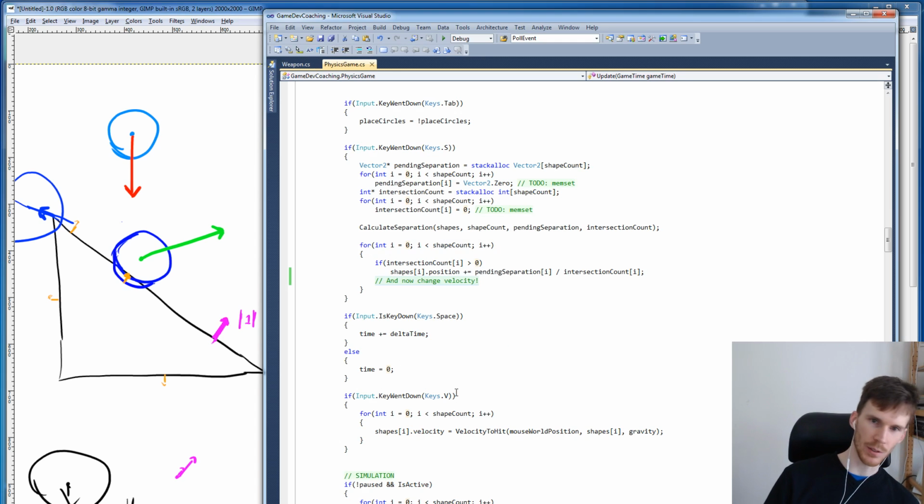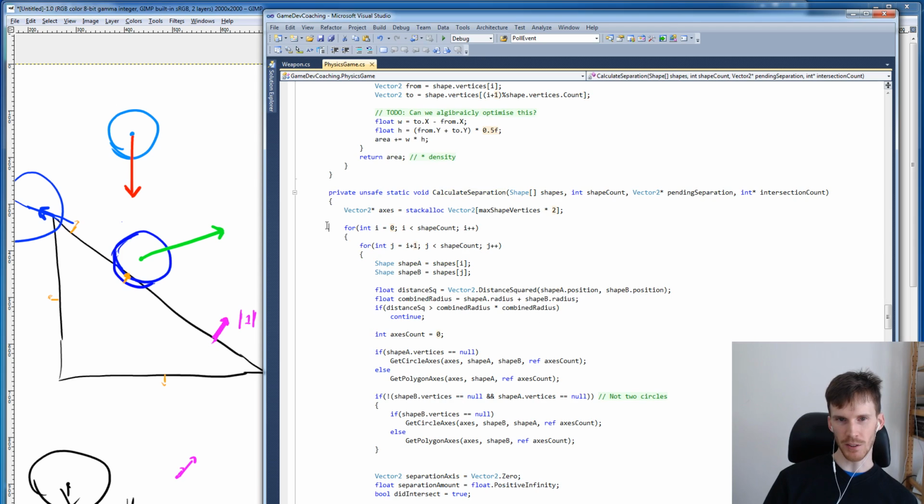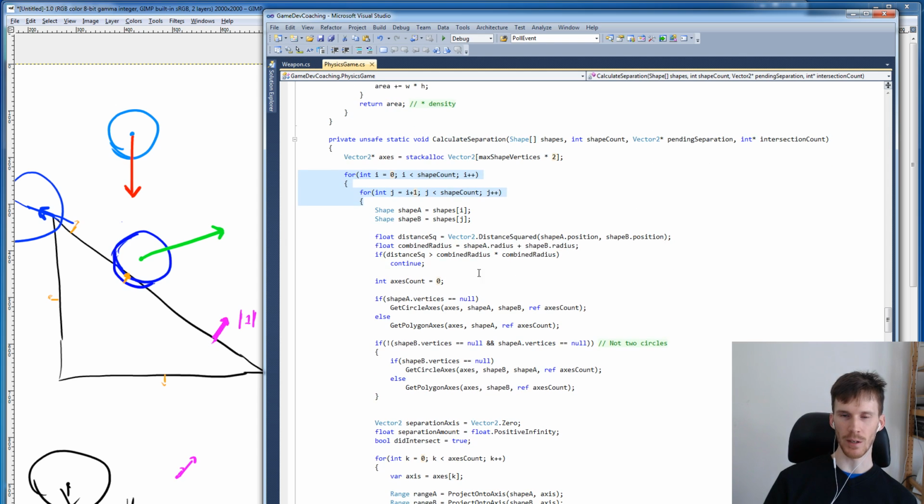And if that was a problem, the only real issue with calculate separation is this O(n squared), and so we'd come up with a way that we don't have to do this every frame. We already have this really fast calculation that tells us whether they're intersecting and does an early out. So it's already very fast for O(n squared), and we could maybe make it faster if we need to.